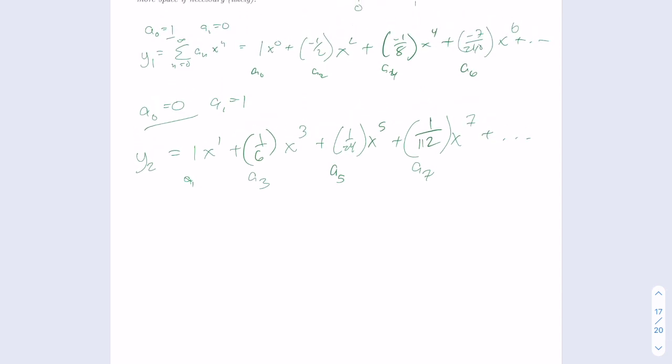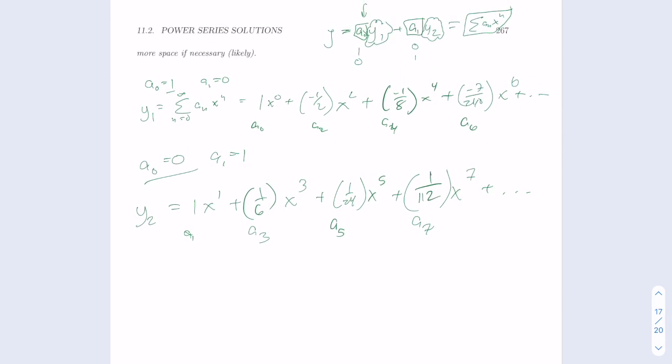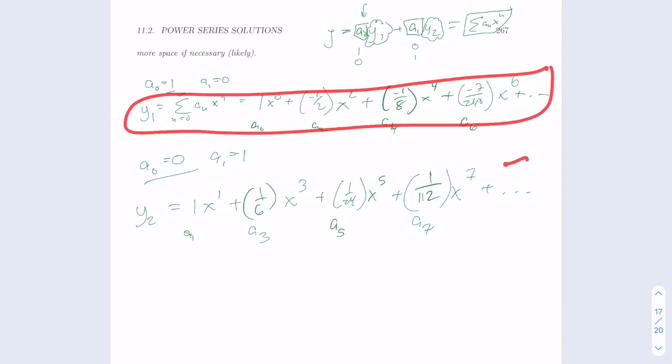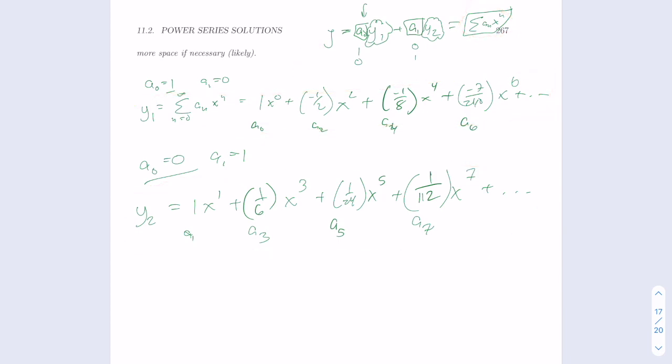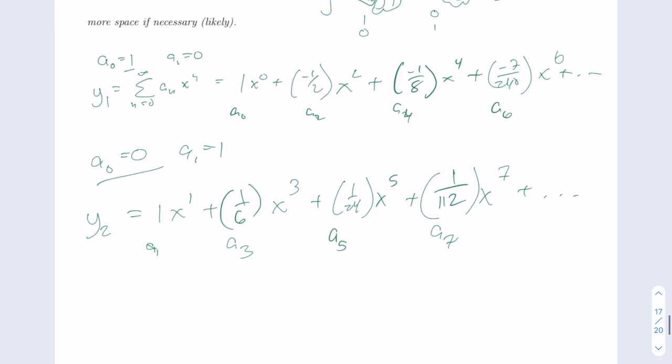Okay. So I have found two functions, y1 and y2, so that y is a linear combination of those using power series. Okay? So there we go. I found my two solutions.